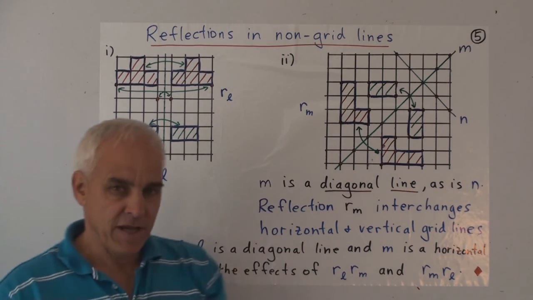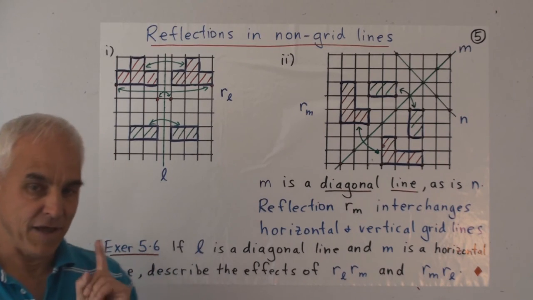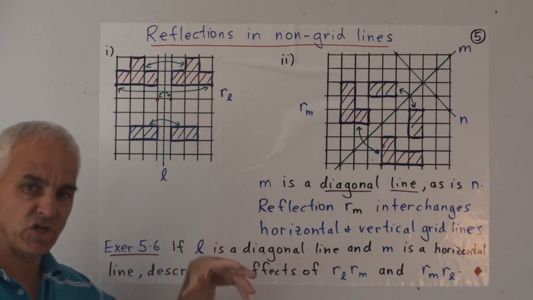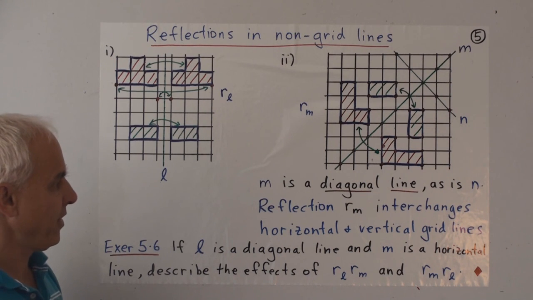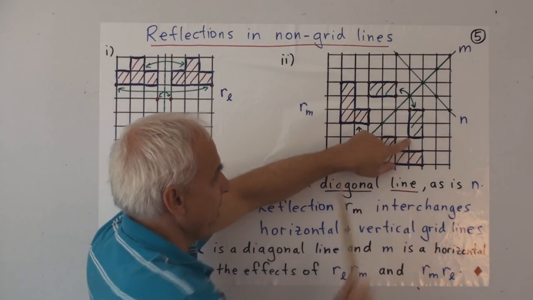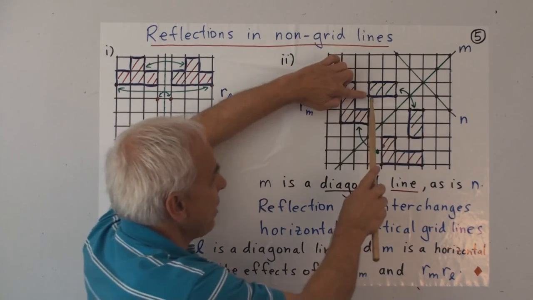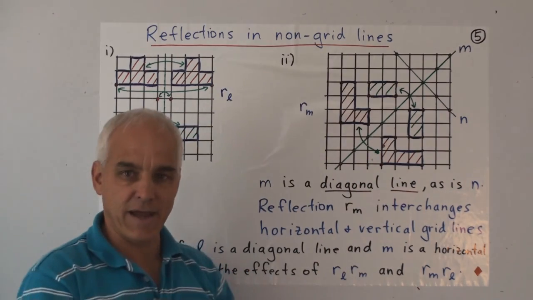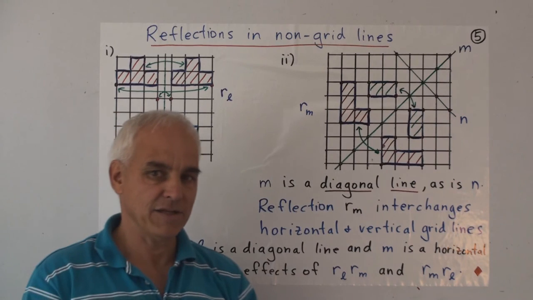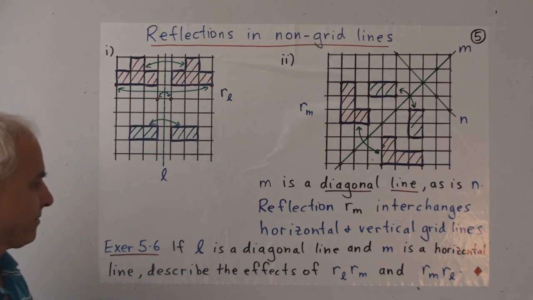Now this kind of reflection does something that the other reflections didn't. It actually changes the shape of the object. For example, this rectangle, which was a 2 by 1 rectangle, has now been changed to a 1 by 2 rectangle. So the orientation has been changed.